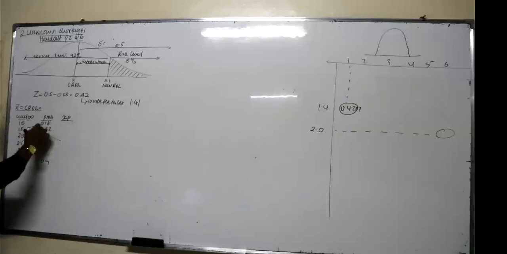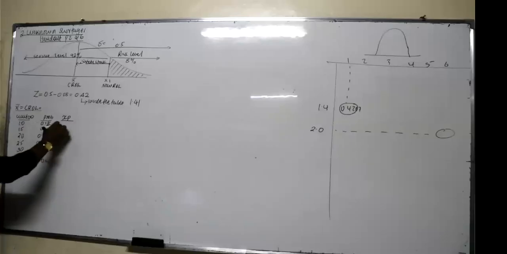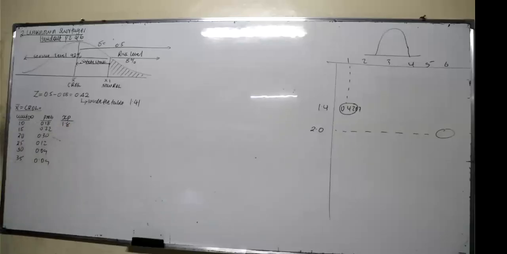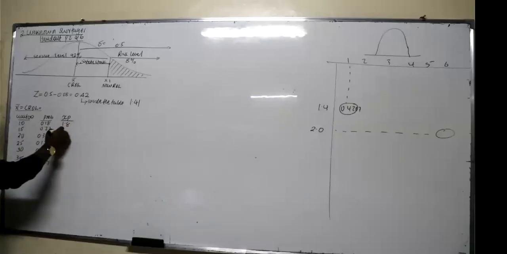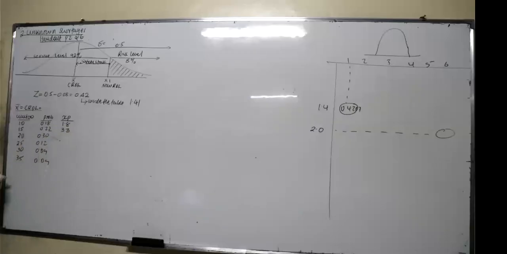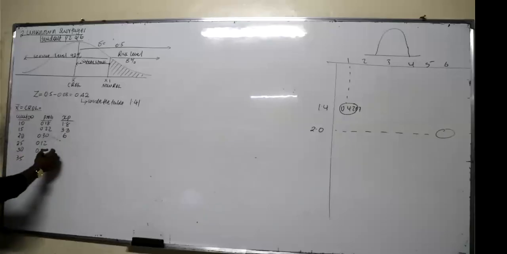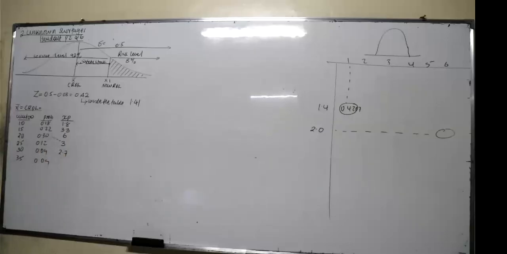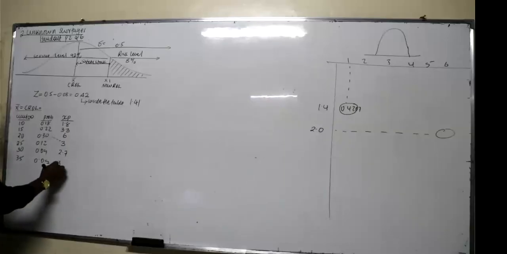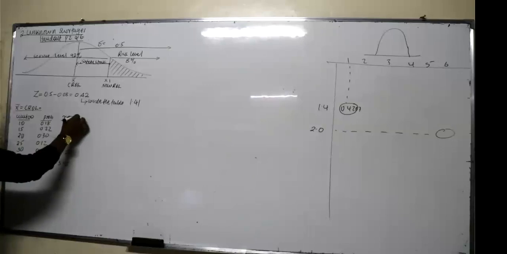For example, this one will be 1.8, and this one will be 3.3, this one will be 6, this one will be 3, this one will be 2.7, this one will be 3.15, and that's how we get the X bar.